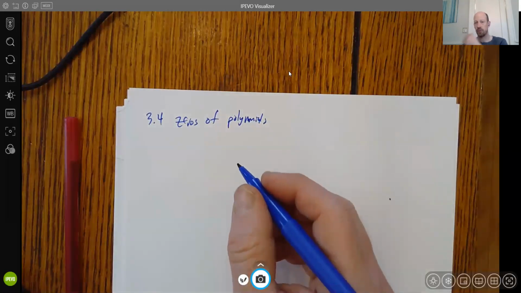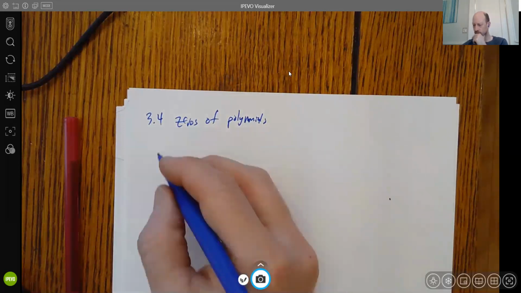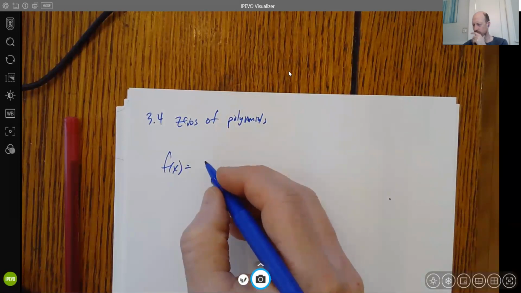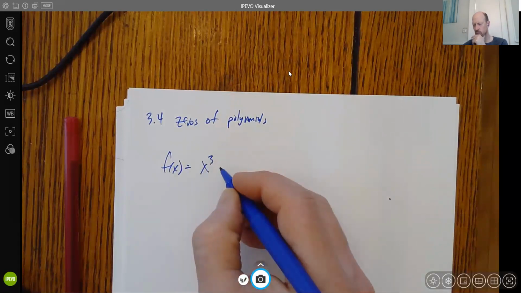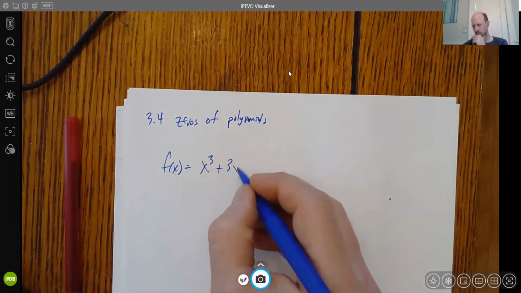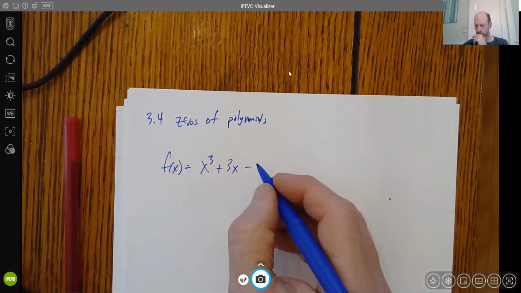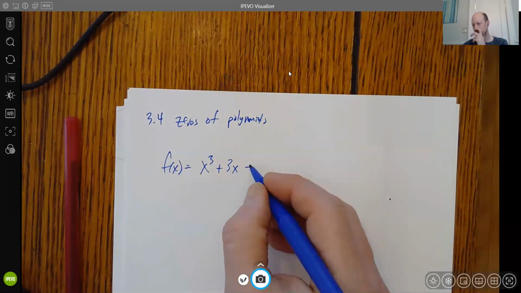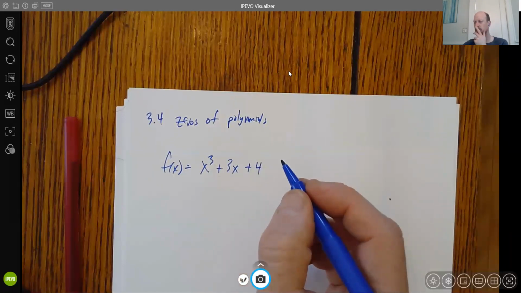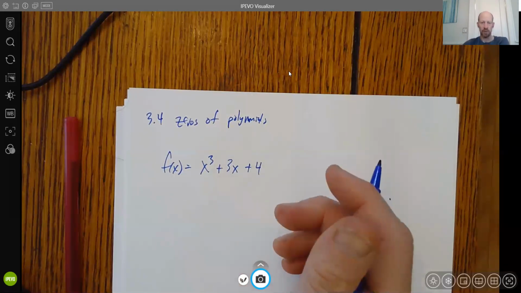Okay, zeros of polynomials. The challenge for us is that if I give you something like f of x equals x cubed plus 3x plus 4, let's try that.